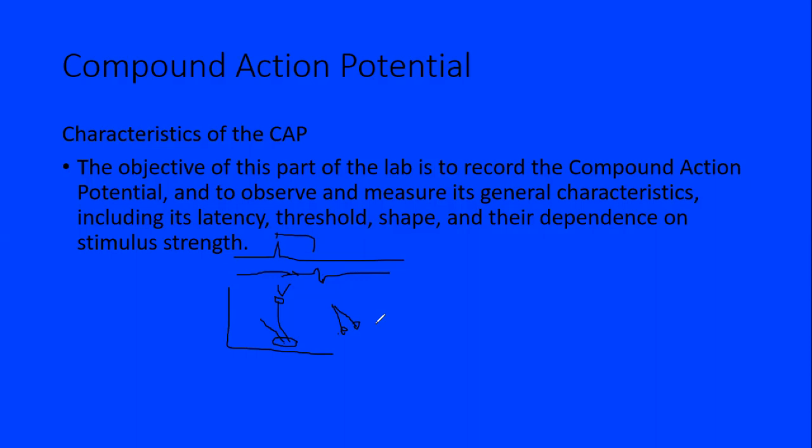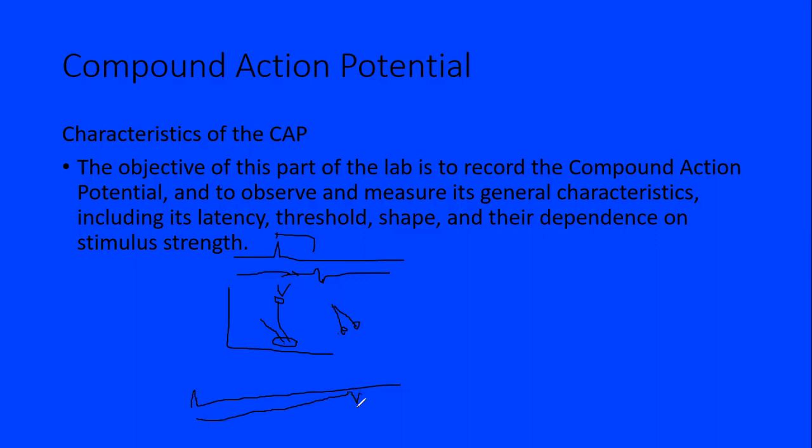Now, when it comes to nerve conduction speed, you can place your stimulating electrode far from the target or near the target. So if you place it far from the target, you'll find that the latency period will be longer.